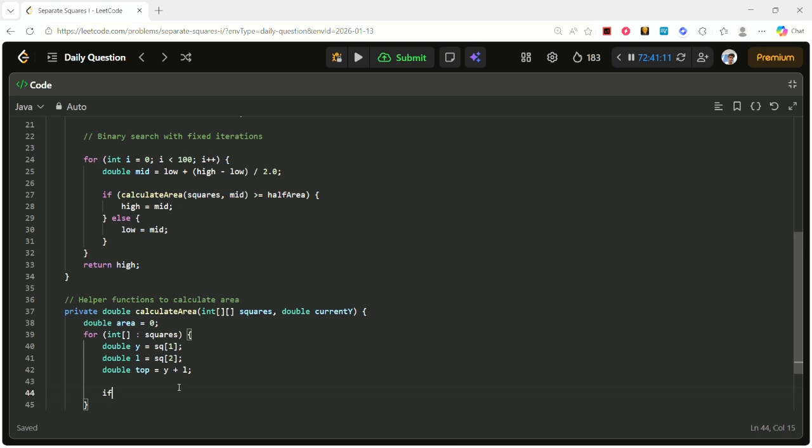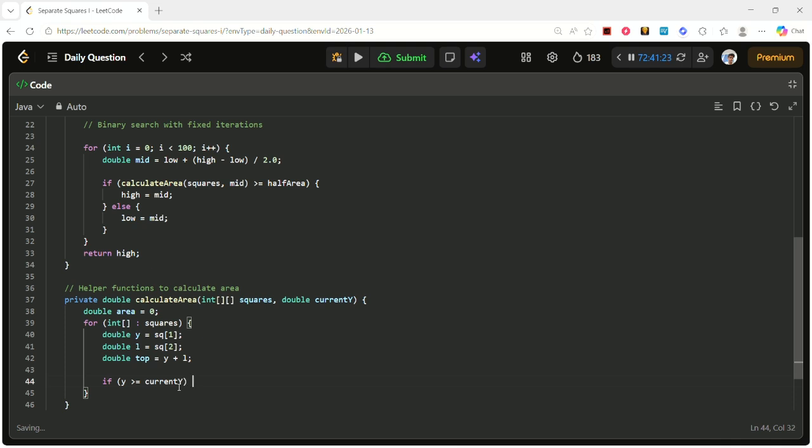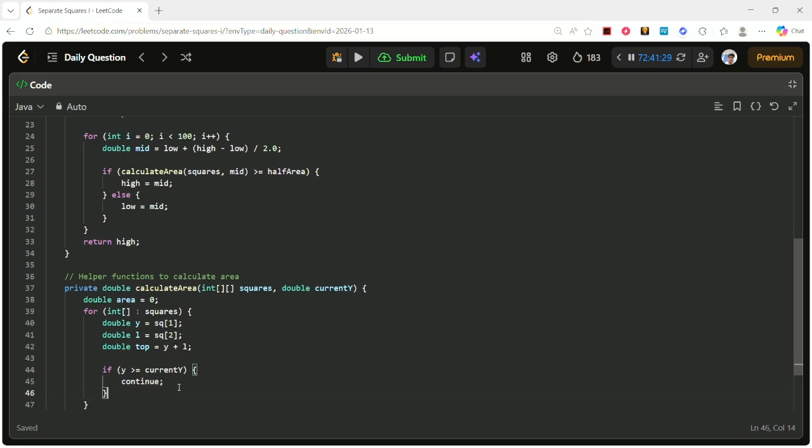There are three possible cases. Case one, the square is completely above the line: if y is greater than or equal to currentY, then continue. The square is entirely above currentY, so it contributes 0 area.